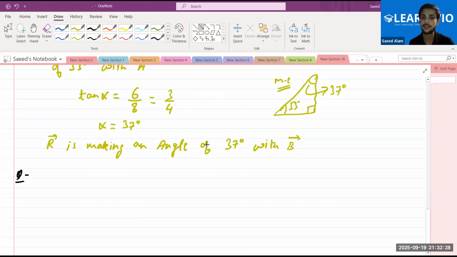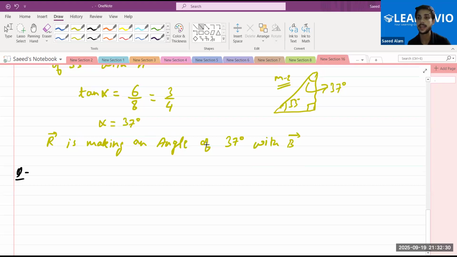It was 90. So can you see that whenever the angle between the two vectors is one of these very good angles, either 0, 180 or 90 degree, we can solve the vectors very easily. We can do the sum of them very easily. Yes or no? Yes. Okay. That was the thing we had achieved till here.